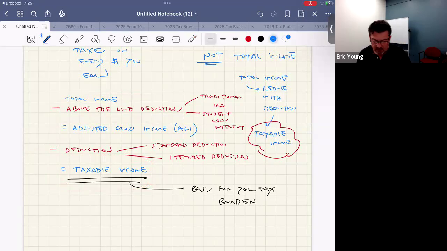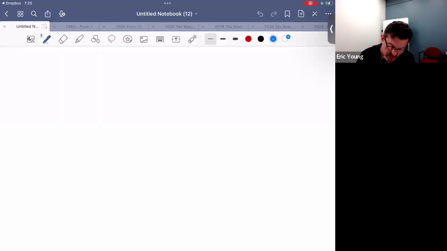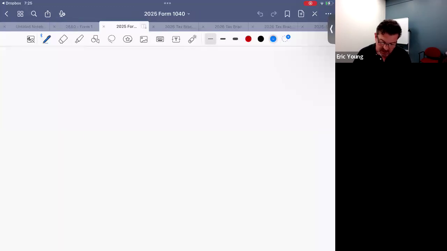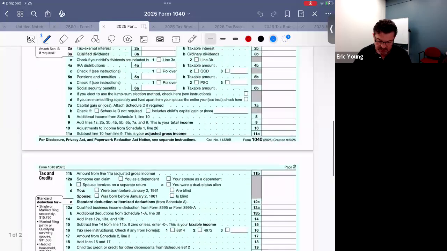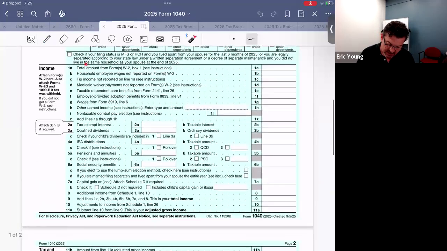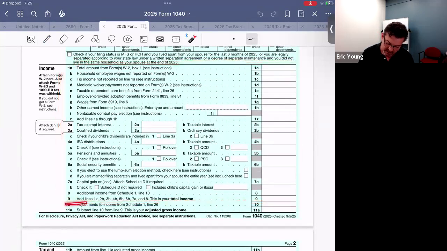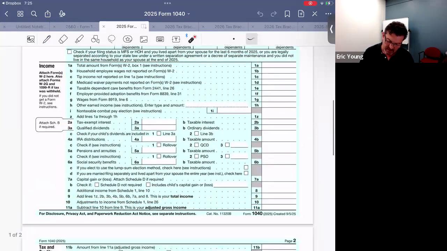Real quick, I want to wrap this up. Well, few things actually. Number one, I want to just show you on the tax return so you can see it. We'll put it all together. You can see that lines 1 through 9 are your total income. Line 9, total income.